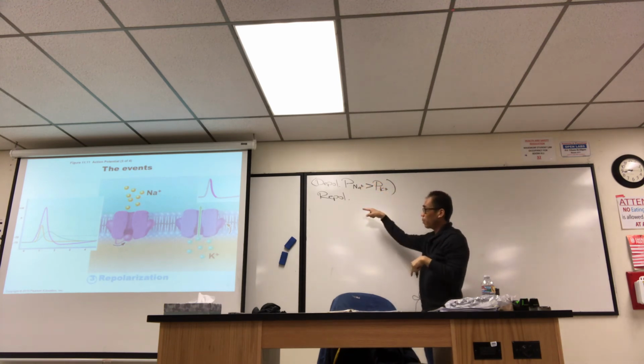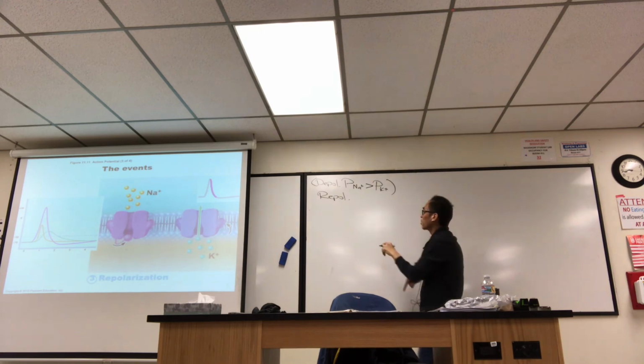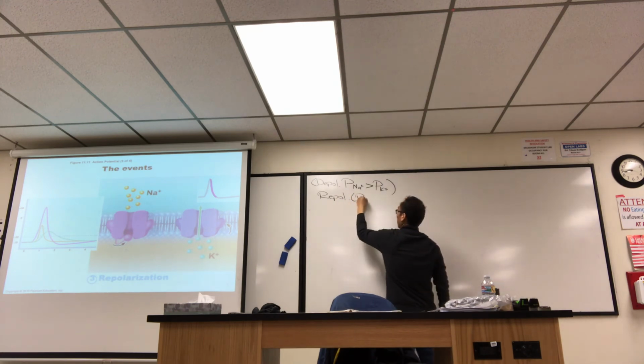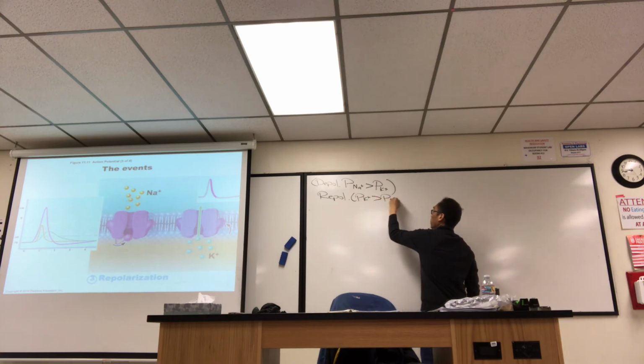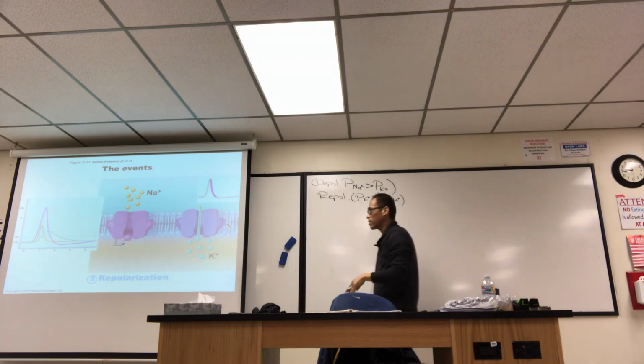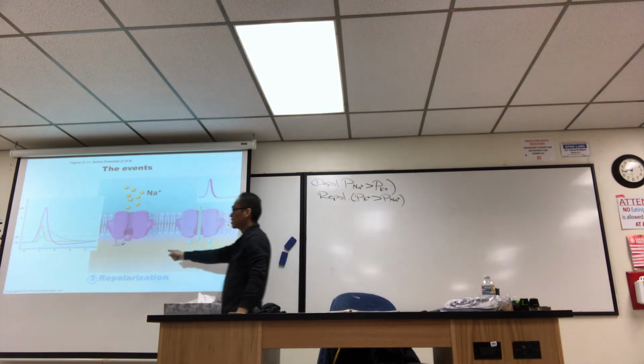Now we're on to repol, so it's going to change. In repol, the permeability of the cell to potassium is going to be greater. A couple of things happen. One is the sodium channels inactivate. That's illustrated right there.